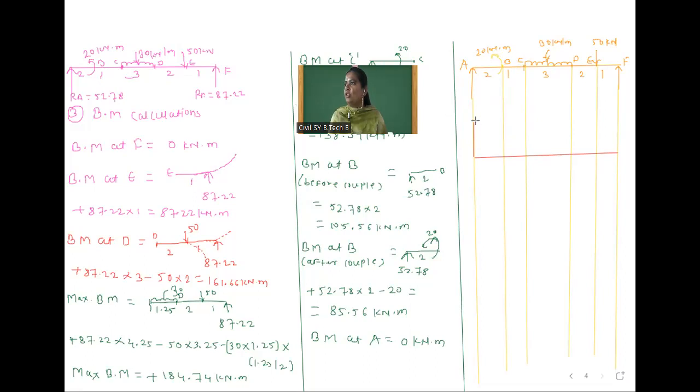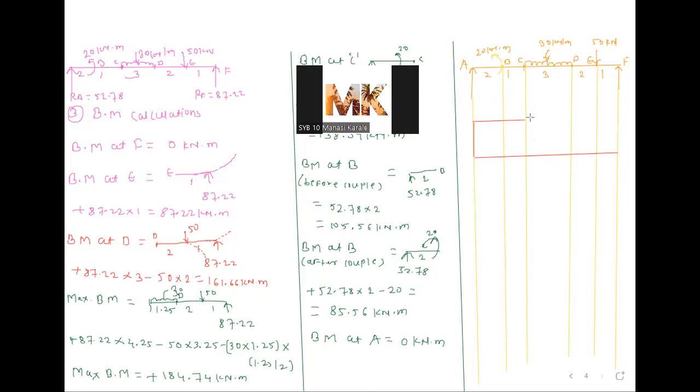So we will draw a constant figure up to C point because there is no load. Okay, now you tell me shear force at D, how much? Minus 37.22. That means it will go below the baseline.